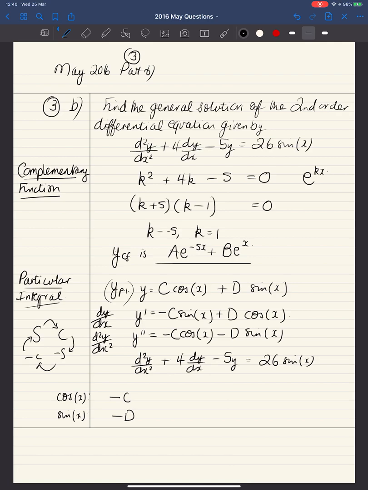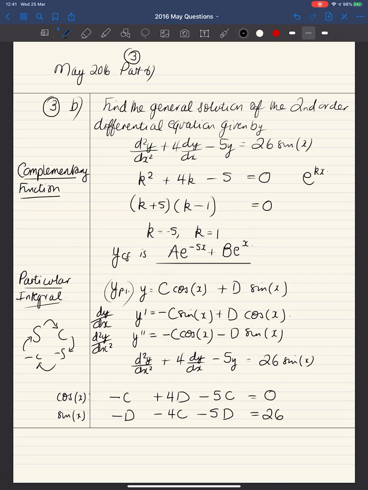And then we've got 4 dy by dx, which is minus 4c for the sine x, plus 4d for the cos x, minus 5y, minus 5c, minus 5d. And we haven't got any cos x's, but we've got 26 sine x's.